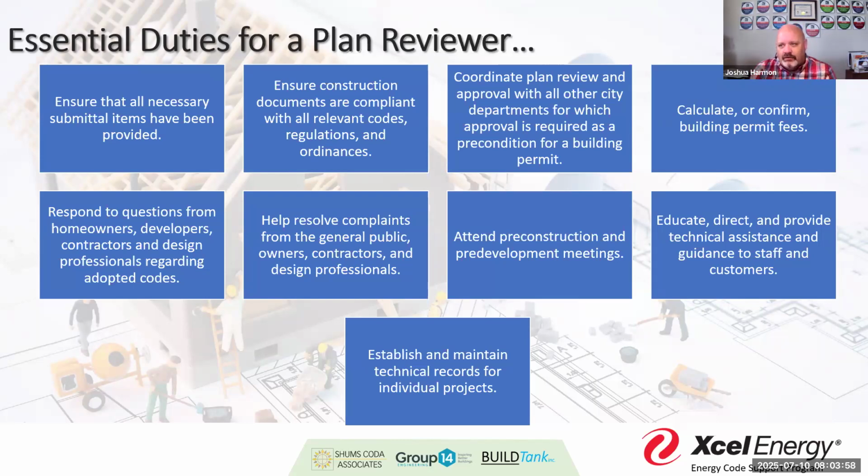I've highlighted a few of them, but really the role and duty of a plan reviewer is reflective of the accuracy of the plan set that's provided to them, right? Section 107.3 of the residential code tells us, and we have similar expectations, that the building official shall examine or cause to be examined the accompanying submittal documents and shall ascertain by such examination whether the structure is compliant with the code.